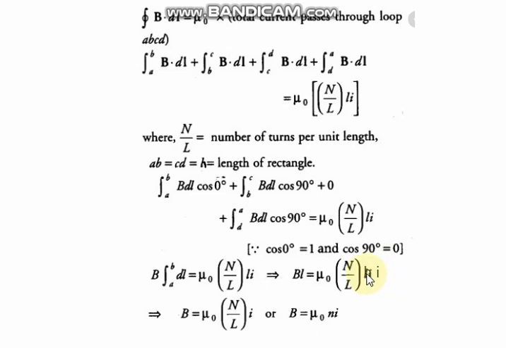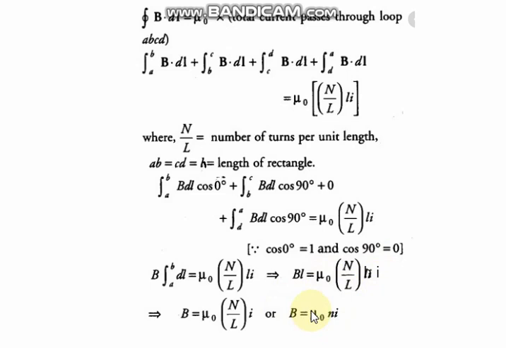That is why we are multiplying it with the length times the current carried. We will not multiply this mu naught by the total current which is carried by the solenoid. We will multiply it with only that current which is enclosed by the Amperian loop, and the Amperian loop has the length h, so h times I is enclosed by the Amperian loop.